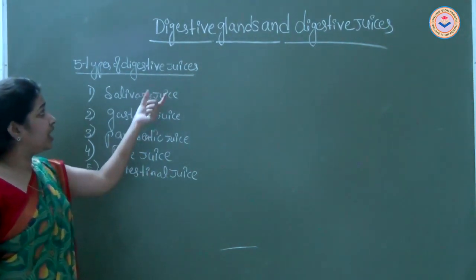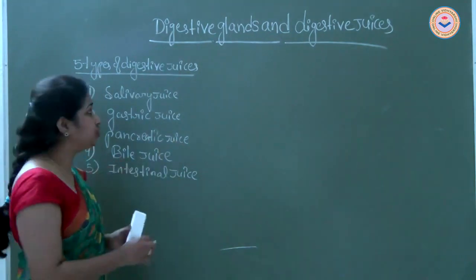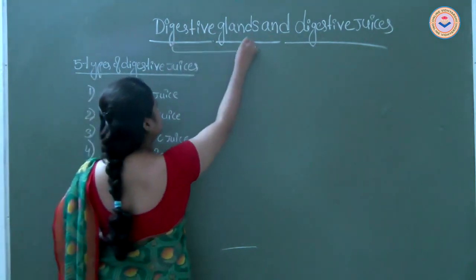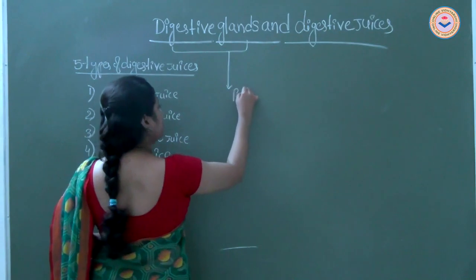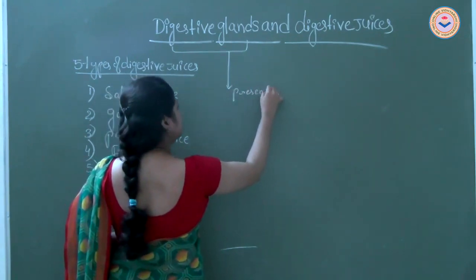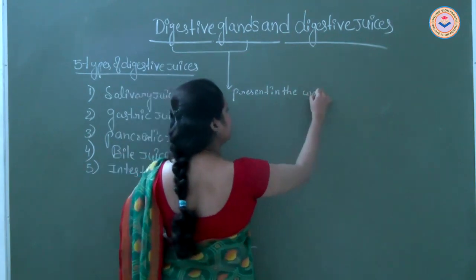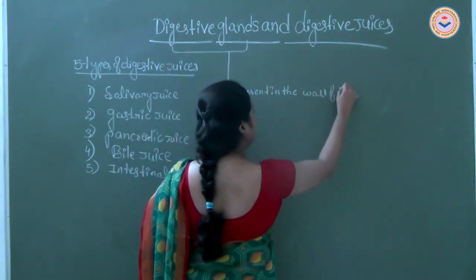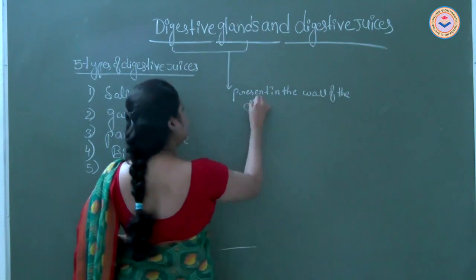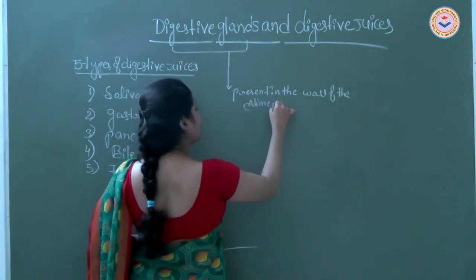Here, some digestive glands are present in the wall of the alimentary canal.